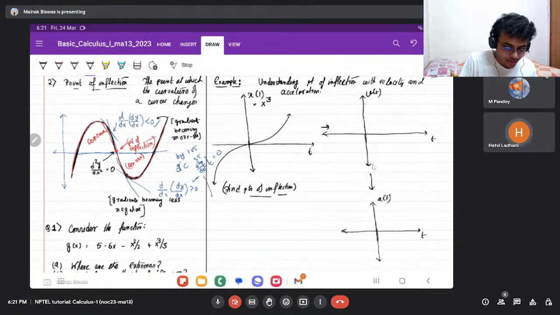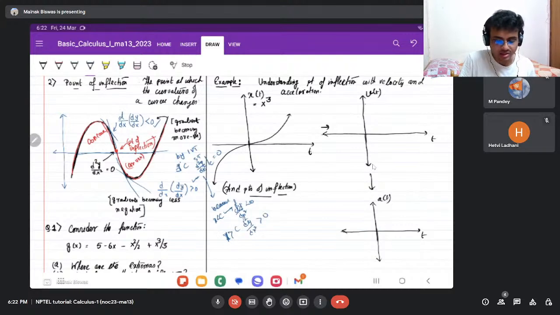Because for x less than C, d2y/dx2 is greater than 0 or less than 0, and for x greater than C, it has the opposite sign. So it has to be 0 at C for continuity, for the second derivative to exist.